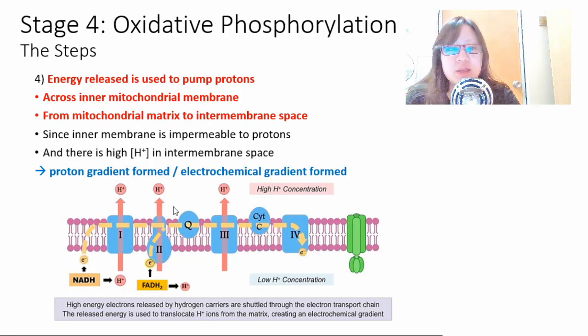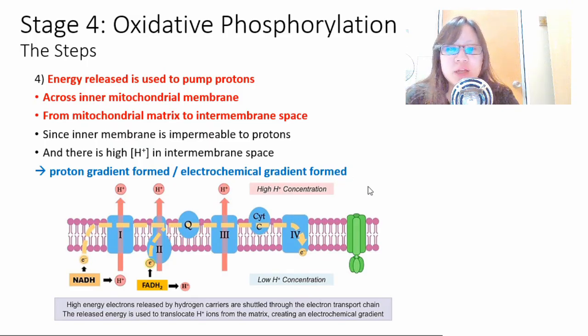Also, this is active transport. The energy released by the electrons is used to pump hydrogens across the inner membrane, against the concentration gradient. Due to these factors, the electrochemical gradient is formed.